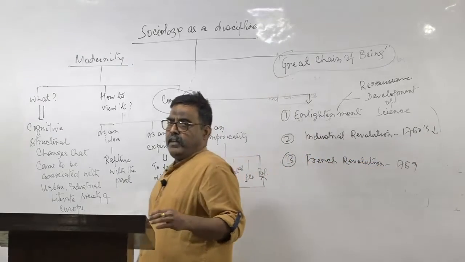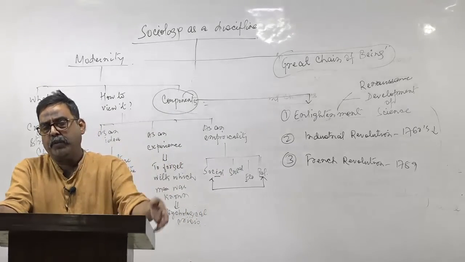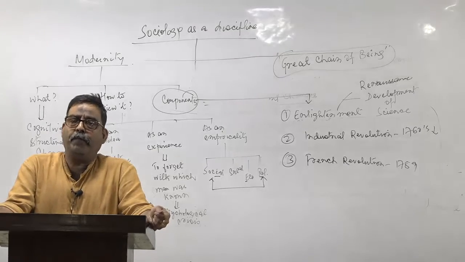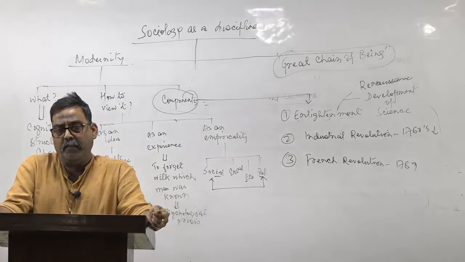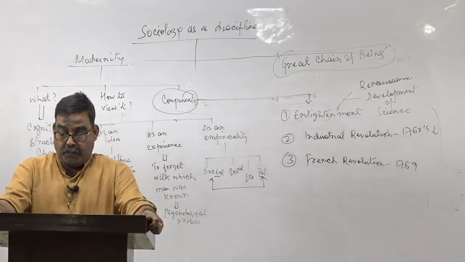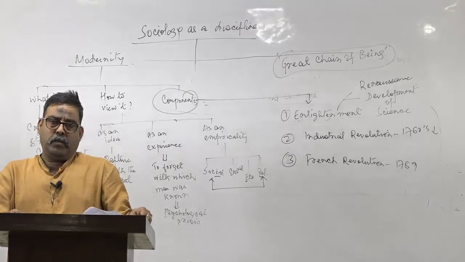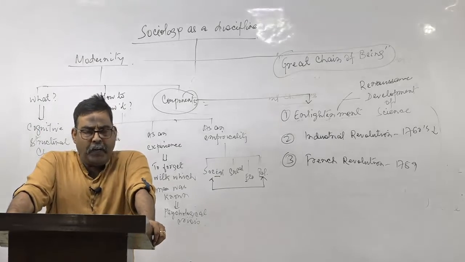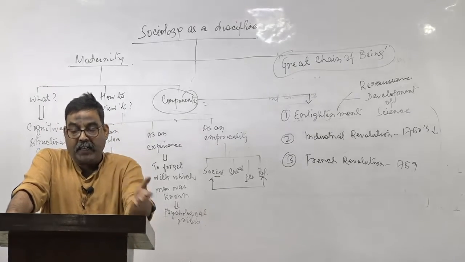And many times I say, very journalistically, which you do not do in sociology, that most of the democracies of the world, if they have come to know about democracy, equality, fraternity, liberty, it is thanks to the French Revolution. The French Revolution reflected a change which was collective in nature.